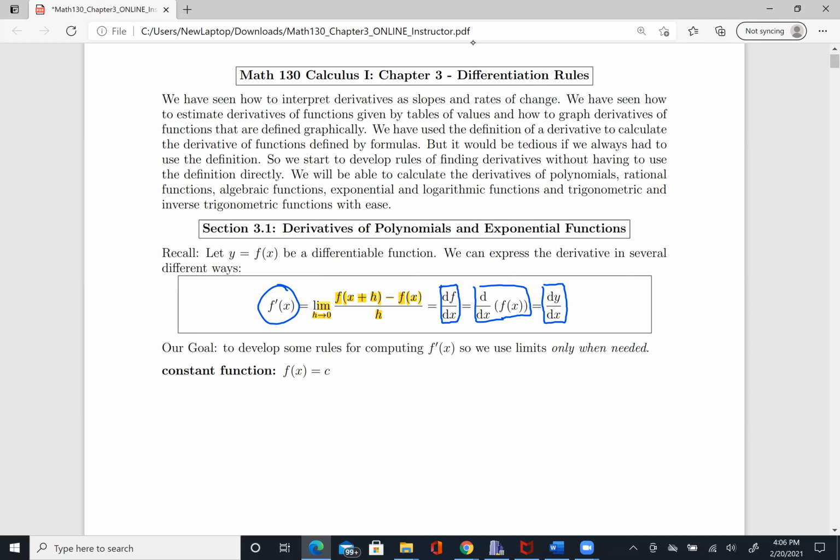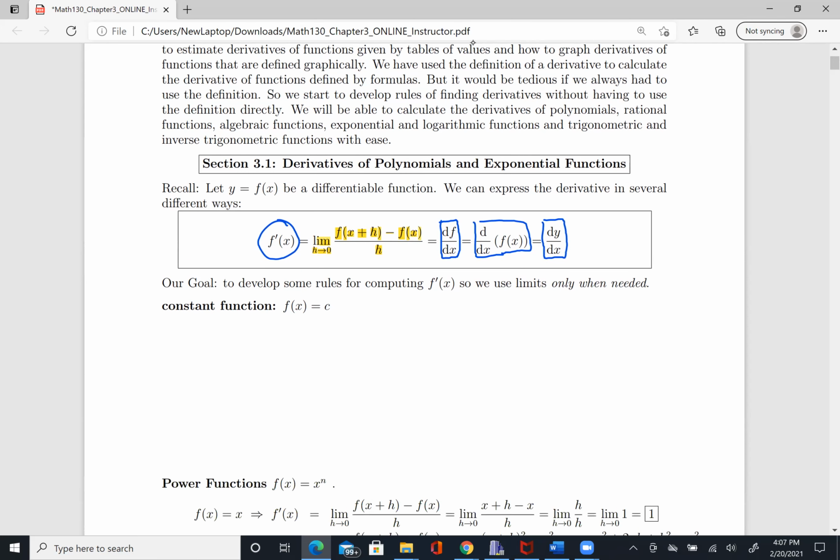What about a constant function, f of x equal to c? We want to find the derivative of a constant function. If you remember from the previous section, for any constant function the slope is going to be equal to 0.